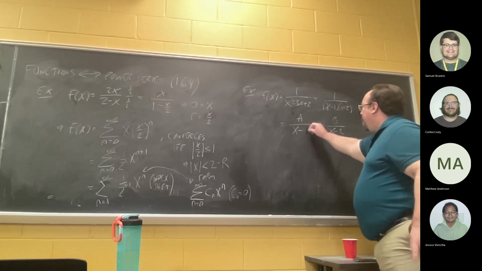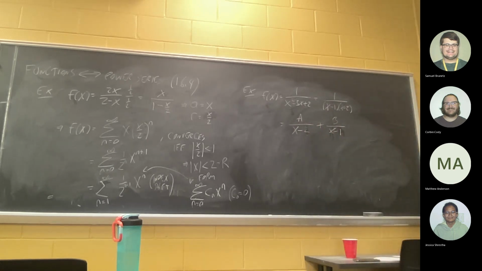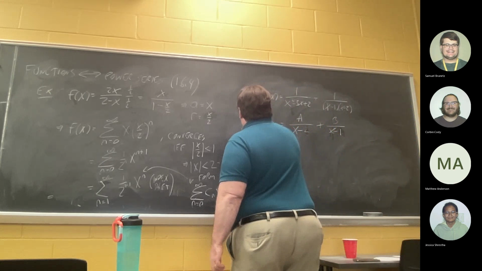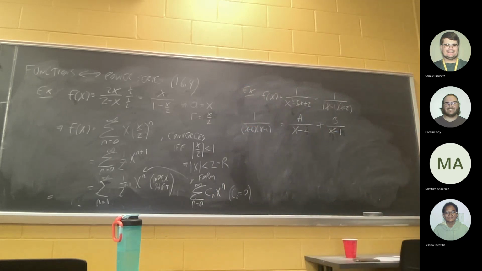Sorry, I'm going to write it this way, it's just cleaner. Use whatever order you want. So if I write my original fraction on the left, what do you do to get A and B? Multiply by the original denominator.